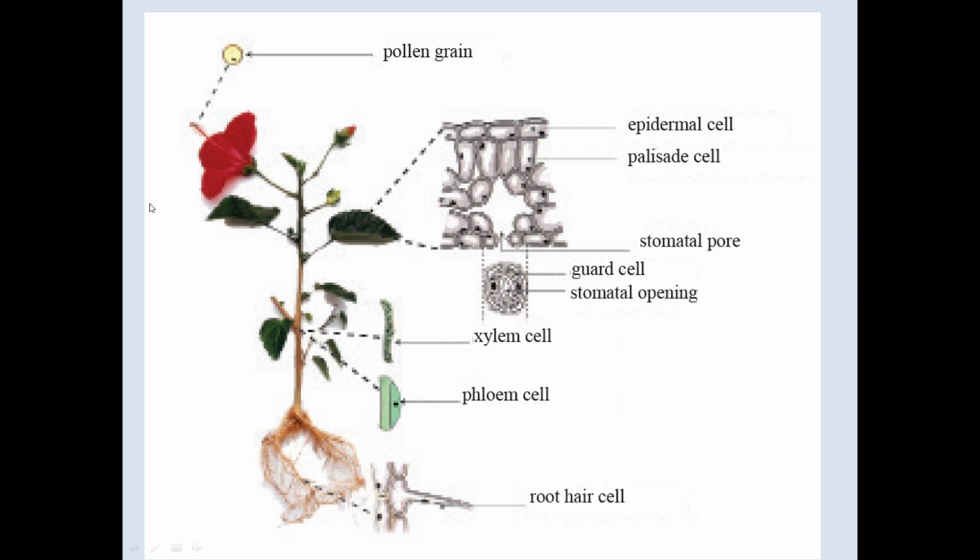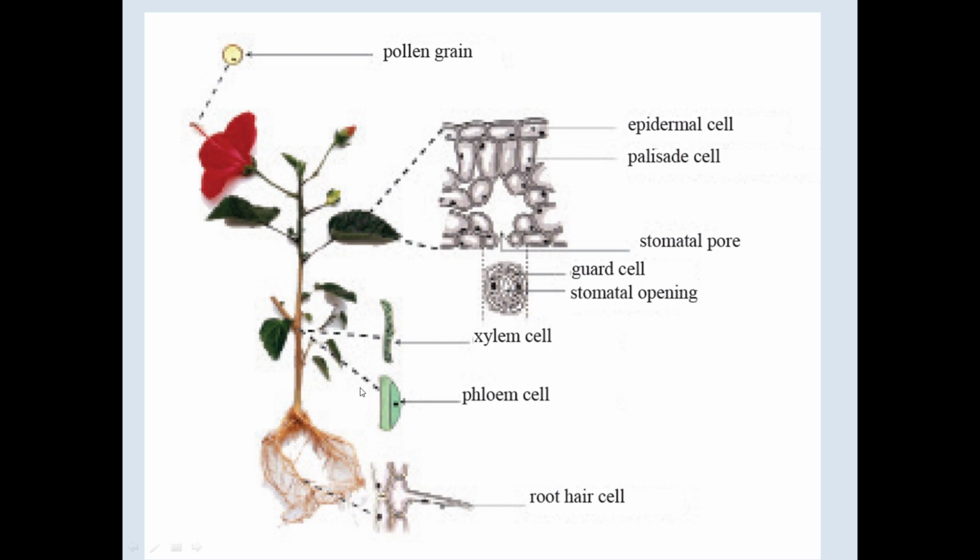If you consider the shoot system, one such tissue is phloem tissue, another one xylem tissue. The organs of the shoot system, the leaf is an organ, flower is an organ, is a reproductive organ of the flower plant, and such organs are found in plants.